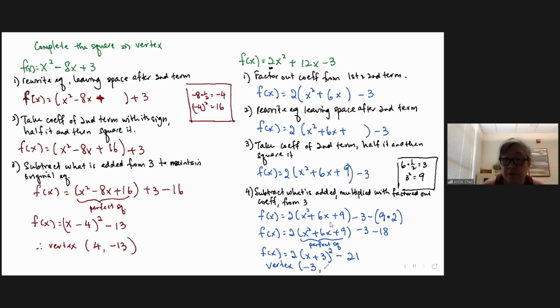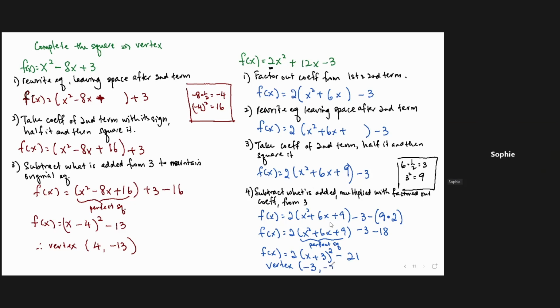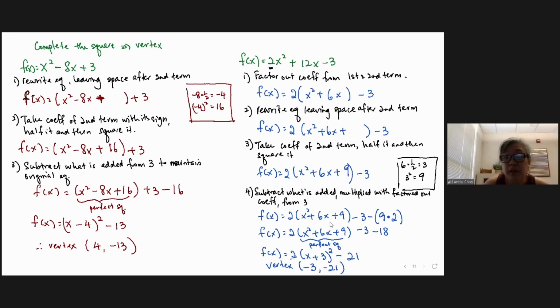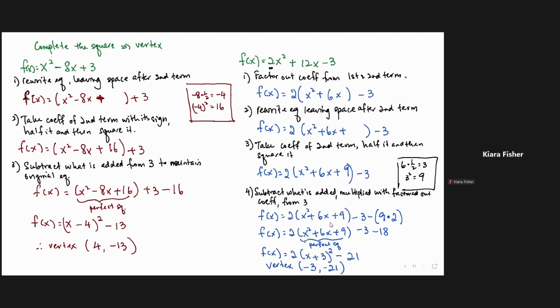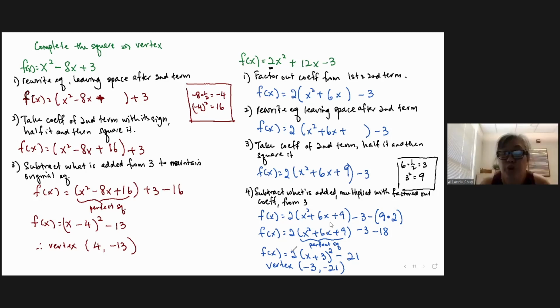And what's your y value? -21, exactly. And does the 2 here play a role in your vertex? No, it does not. What is the job of the 2 here? What is the job of the coefficient of the x squared?